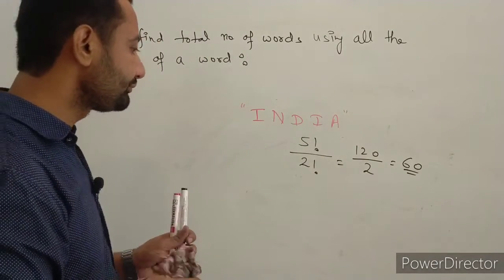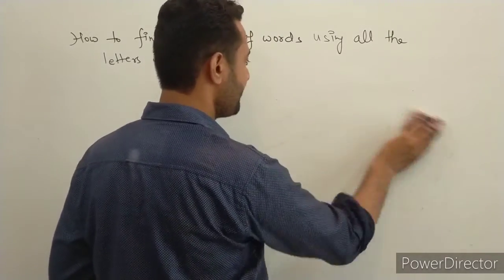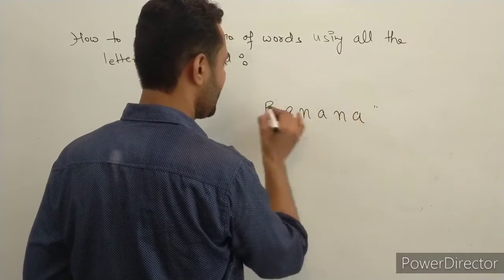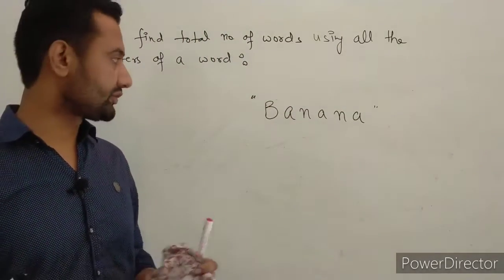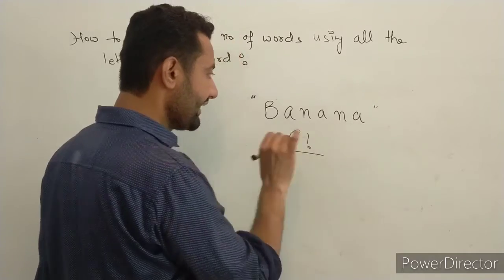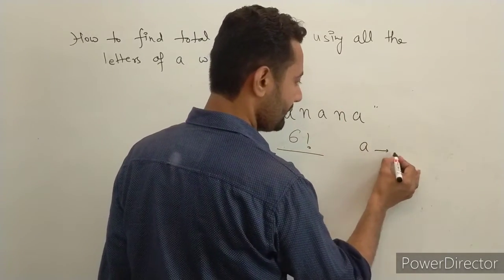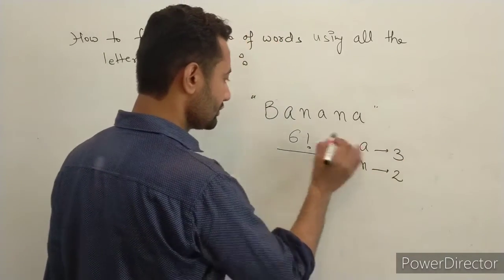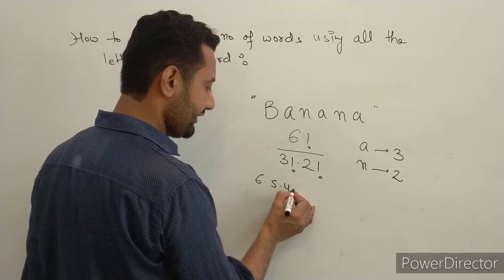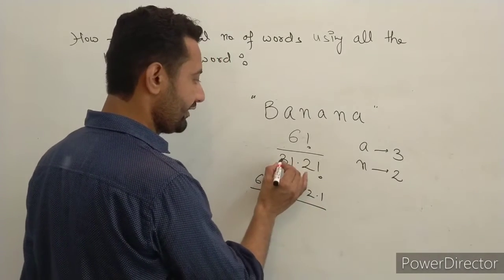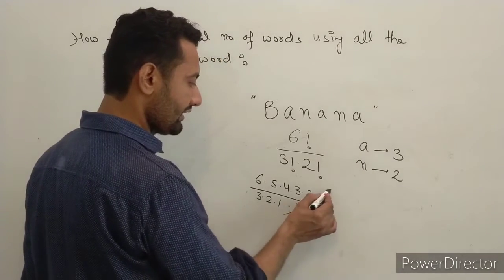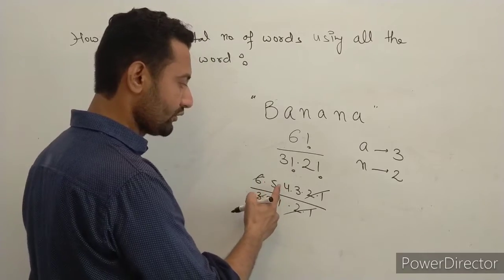If we have a word banana, then the total number of words made using all the letters of the word banana will be 6 factorial, divided by 3 factorial and 2 factorial, because A is repeated thrice and N 2 times. 6 factorial is 6 into 5 into 4 into 3 into 2 into 1, divided by 3 into 2 into 1 and 2 into 1. 2 into 1 gets cancelled and 3 2 is 6 gets cancelled, 5 4s are 20, 20 3s are 60.